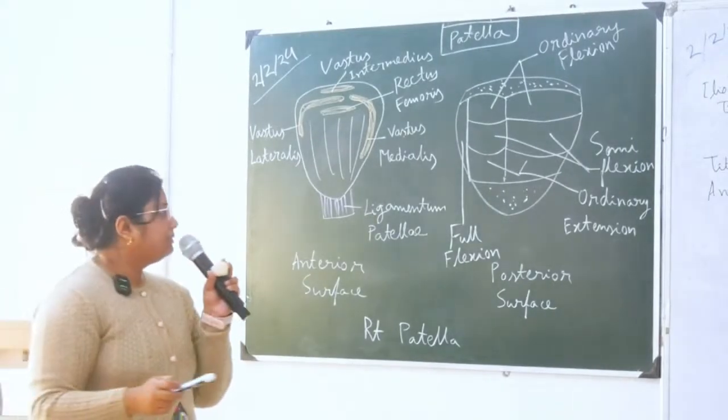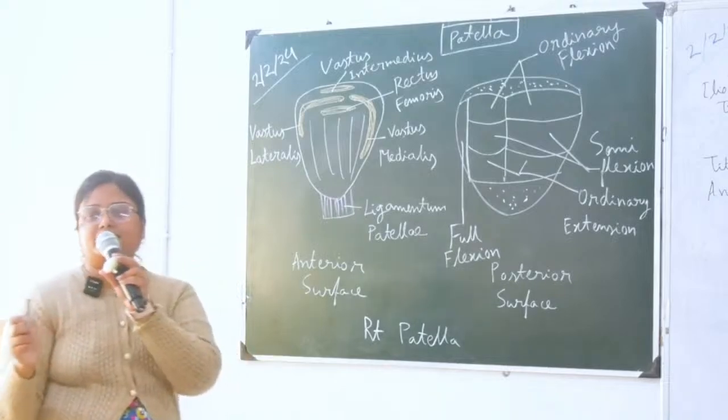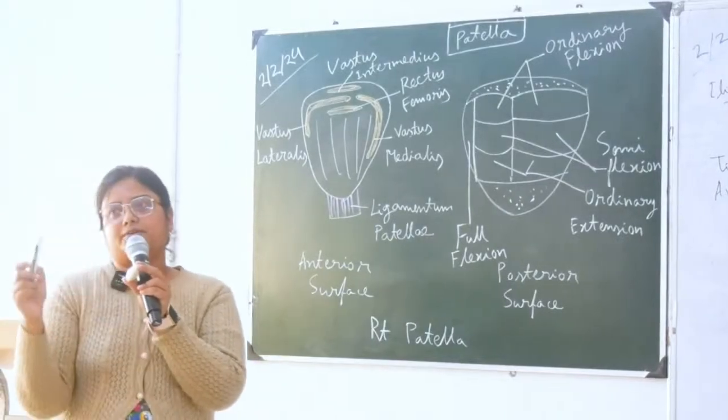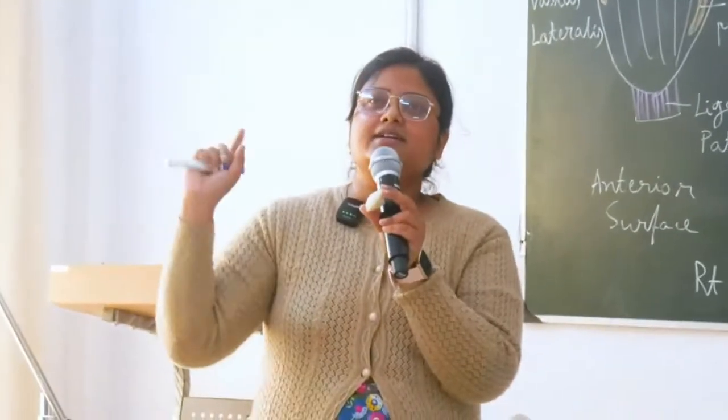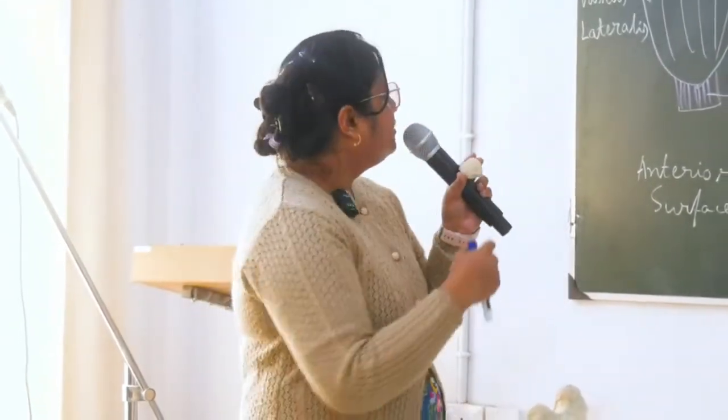This can come as a question. There is a natural tendency of displacement to the lateral side. To prevent this displacement, the extension of the muscle is like this, with attachment over the patella and attachment over the femur.